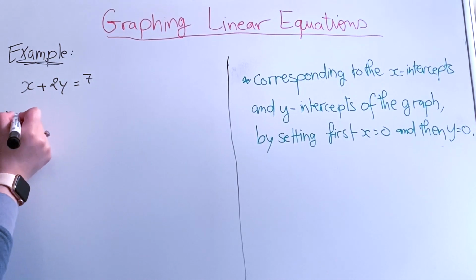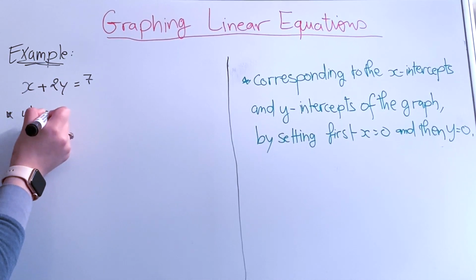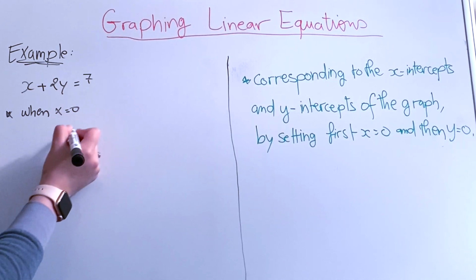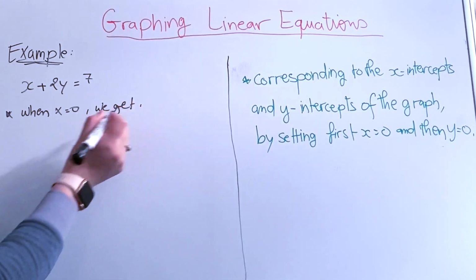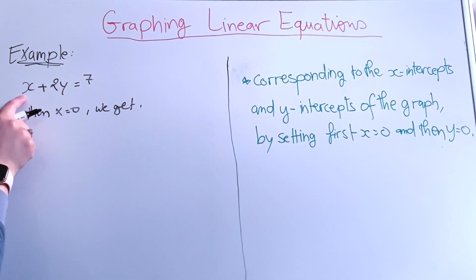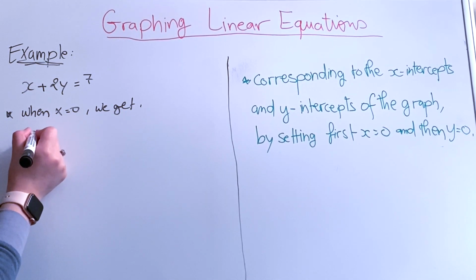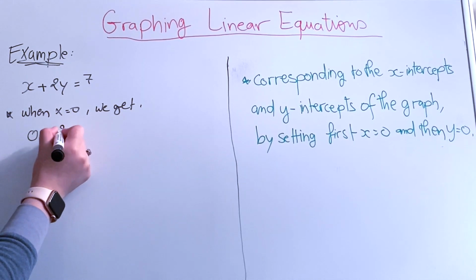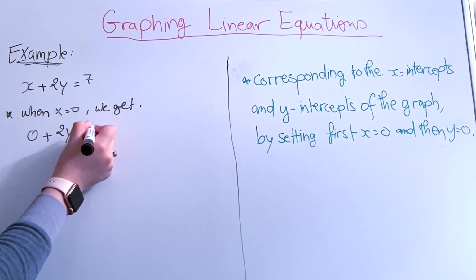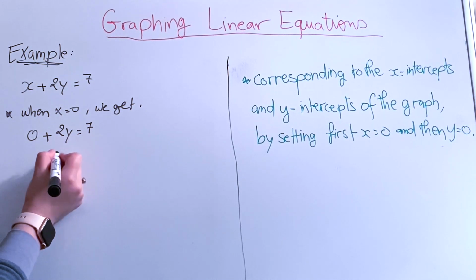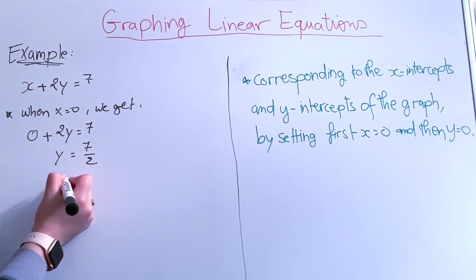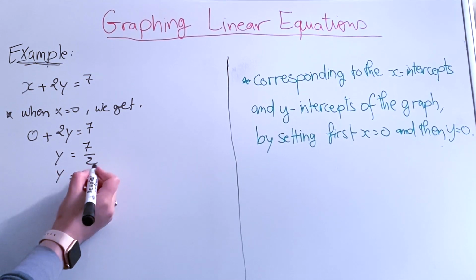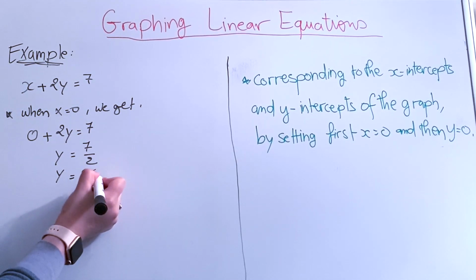First, when x equal to 0, we replace x with 0. So it's 0 plus 2y equal to 7, and then y equal to 7 over 2, and y equal to 3.5.